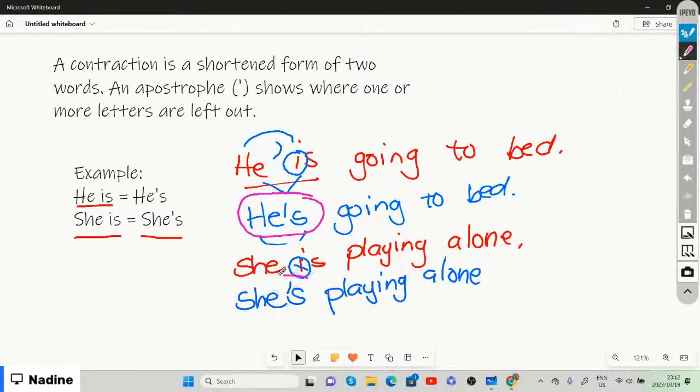That's where we have shortened two words and basically made it one word. However, we put the apostrophe to show where the letters have been left out, right? And we call that contractions.